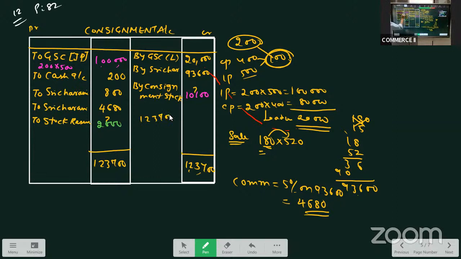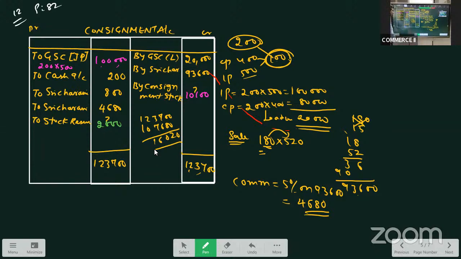On the debit side, 1,07,680. So 16,020 is the profit on consignment, but here it is 15,120.